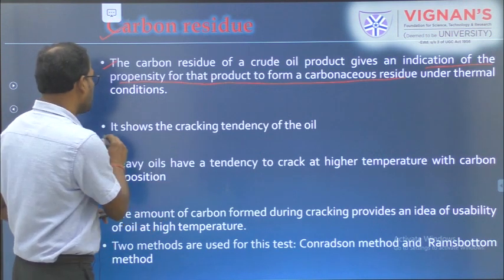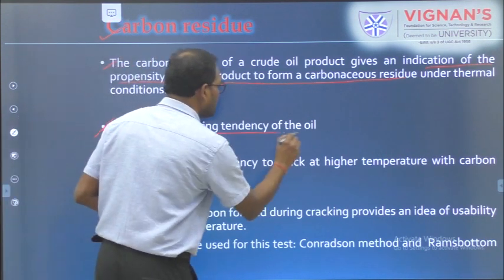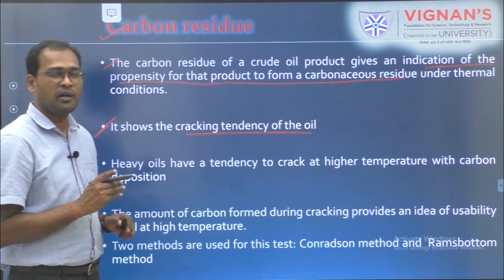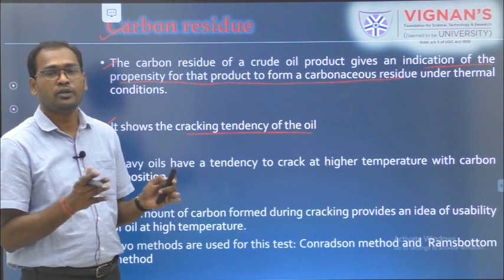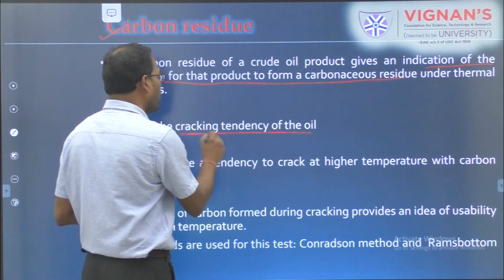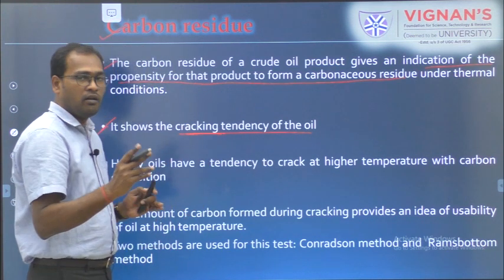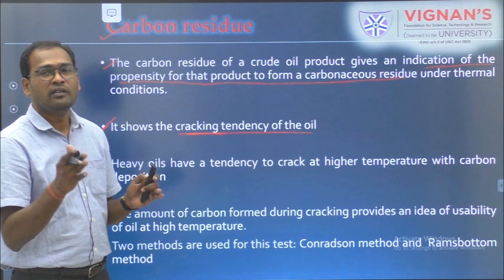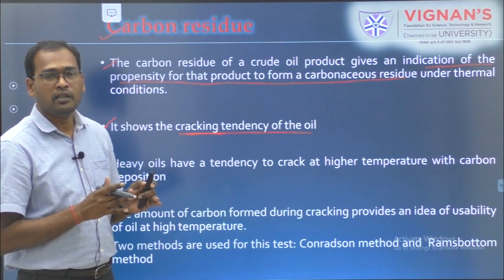So it shows the cracking tendency of the oil. Cracking is the breaking up of the oil into smaller fragments, so this gives an idea about the cracking of the oil material in the lubricant.